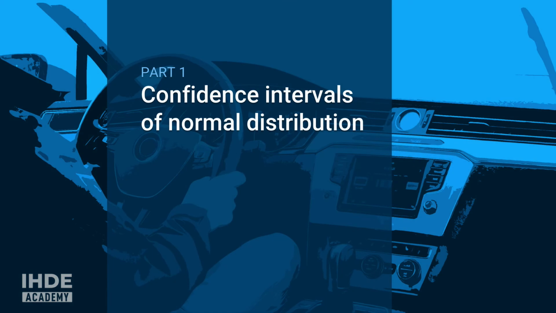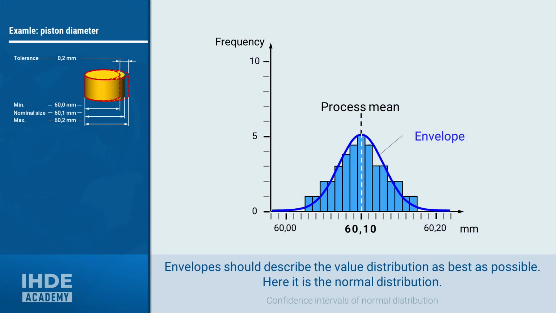Let's start with the confidence intervals of the normal distribution. In case you didn't see the previous lesson, I'd like to briefly repeat the following here. The blue envelope is assumed to enclose 100% of all values.